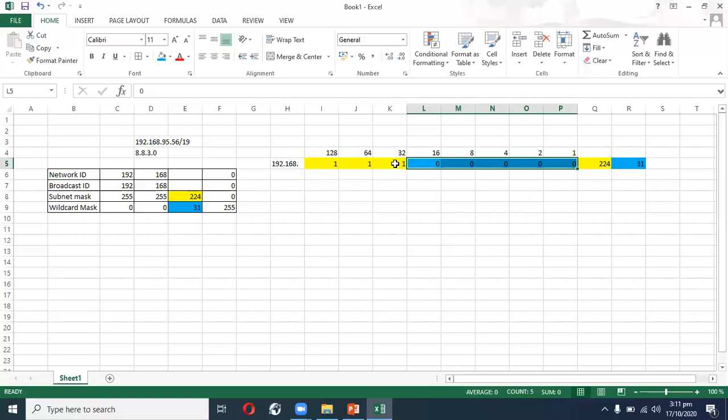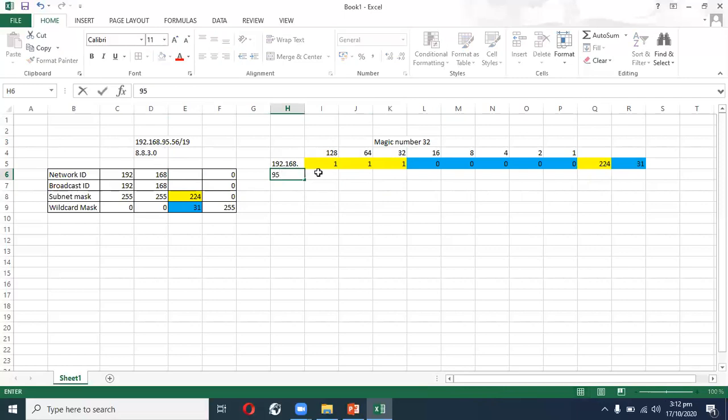In my previous video, I've shown you what the magic number is. So here the magic number is 32. We will use this to calculate the broadcast address. First, we need to find the network ID. Because this is 192.168, 56 is 0, so 95 we need to convert into a binary number.